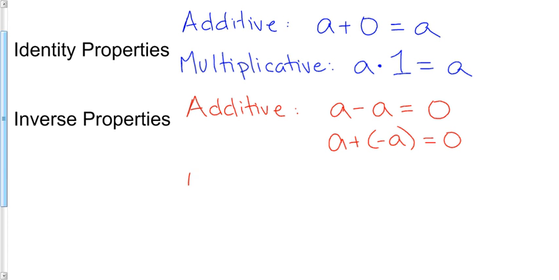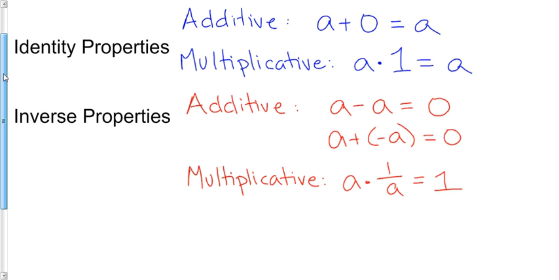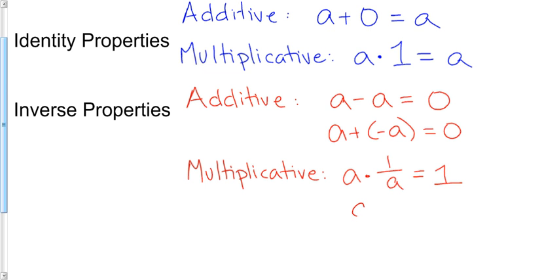Next is the multiplicative inverse. That says that if you multiply something by its reciprocal, it's equal to 1. So a times 1 divided by a is equal to 1. You could also write that as a divided by itself equals 1.